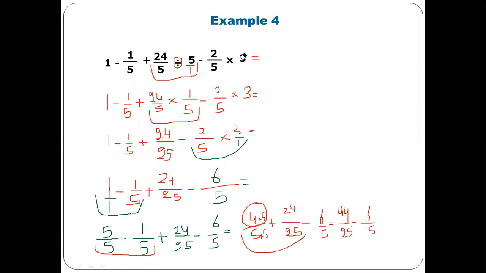So in order to subtract these two fractions, which is the final operation in this expression, I have to multiply by 5 up and down to make same denominator, which is 25. So I will get here 25.